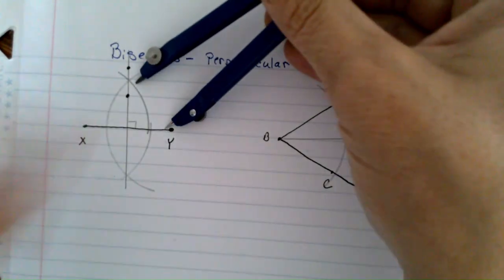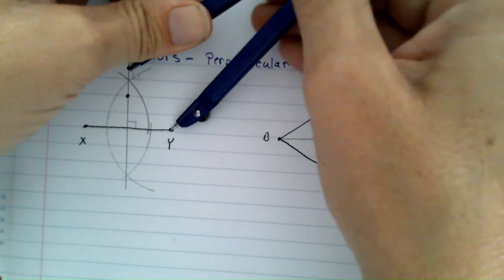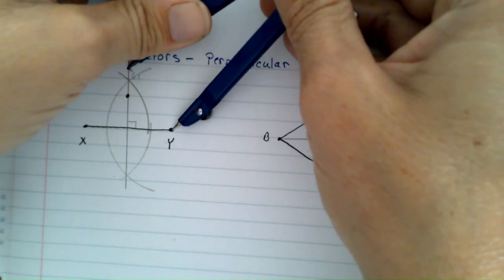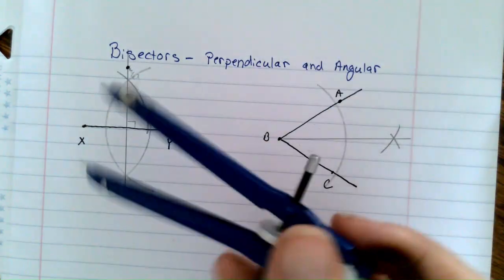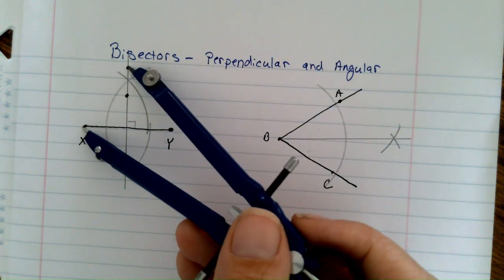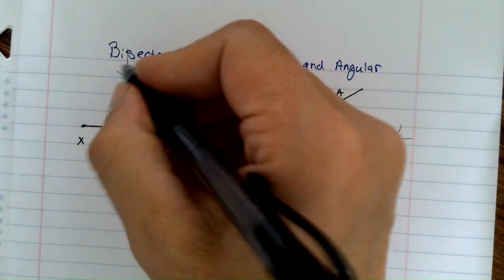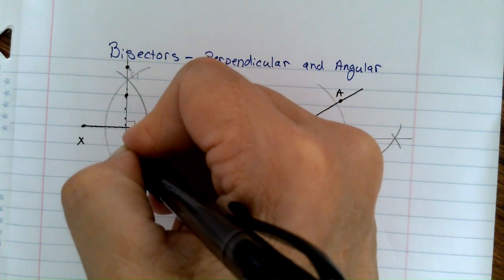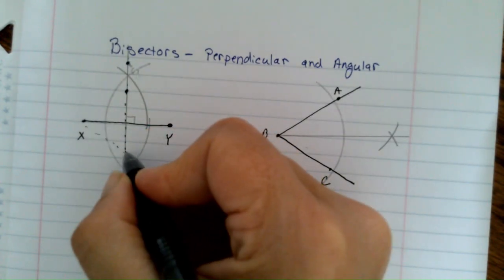Well, now I gotta widen this out. That's pretty close, right? Yep. Will that work for any point? Yes. So all points here are the same distance from X as they are to Y.